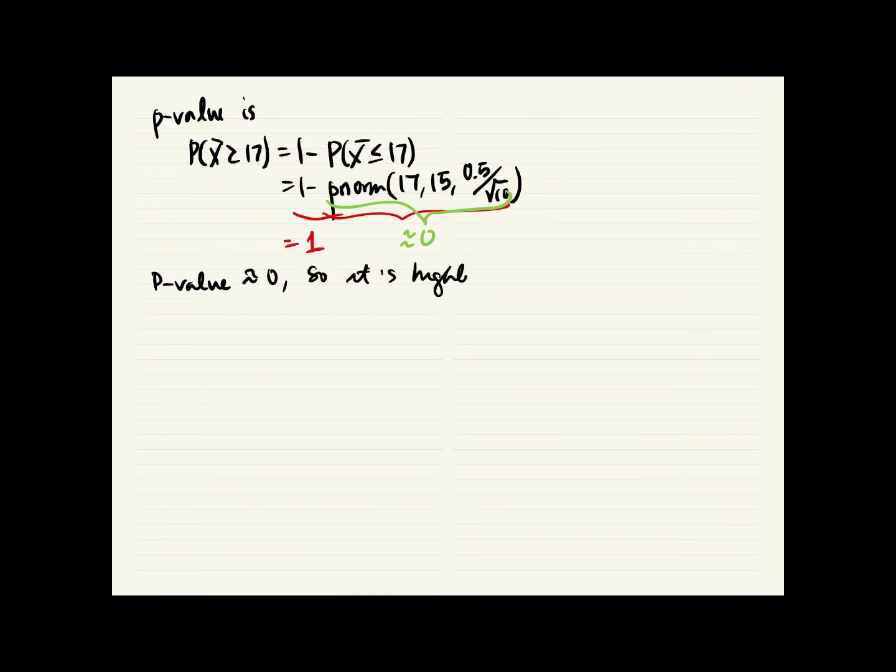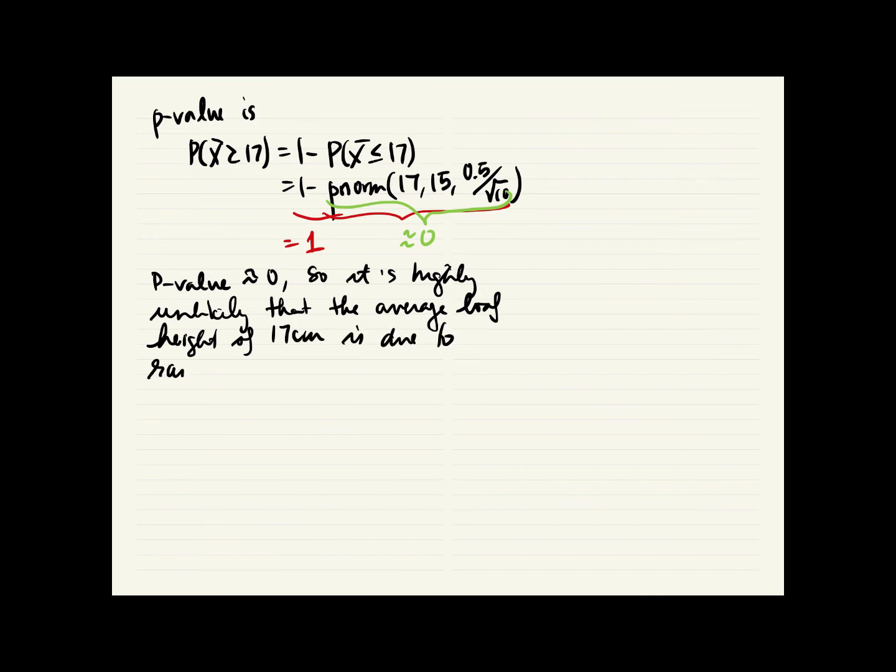So it's highly unlikely that the average loaf height of 17 centimeters actually is due to random chance, random variation.